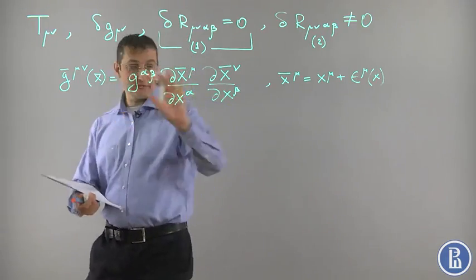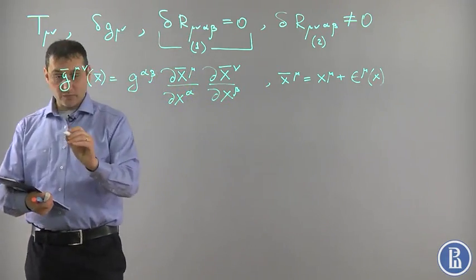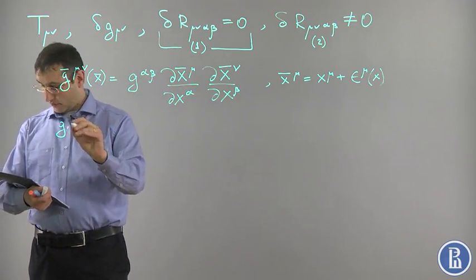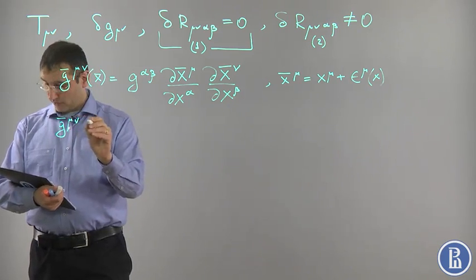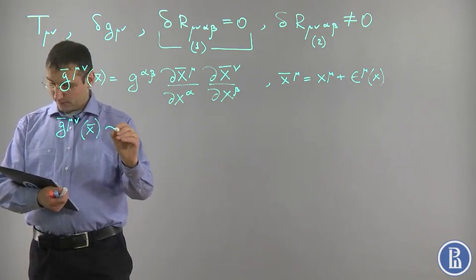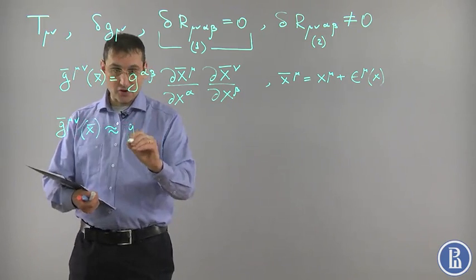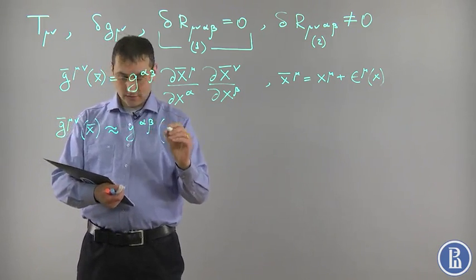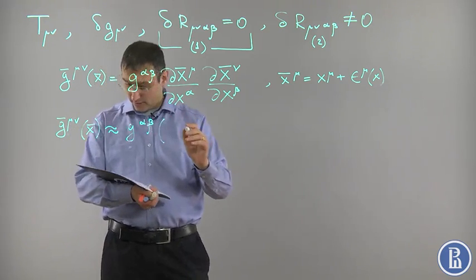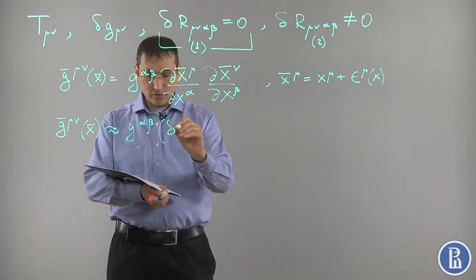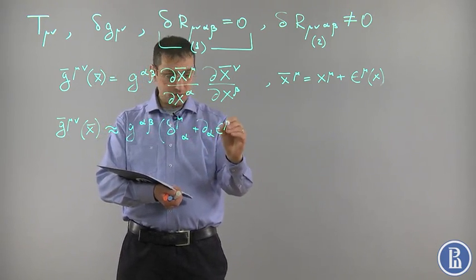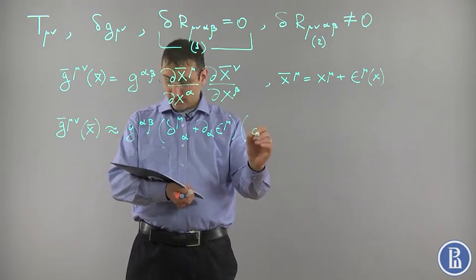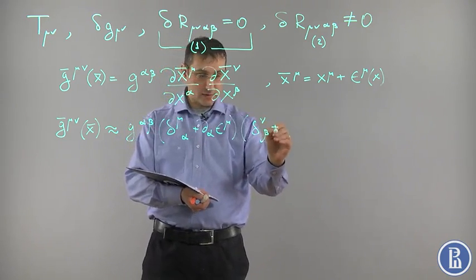Then, from this formula and this formula, we observe, to linear order in epsilon, that g bar mu nu of x bar is approximately g alpha beta. We care only about the linear order. So it's delta mu alpha plus d alpha epsilon mu, delta nu beta plus d beta epsilon nu.